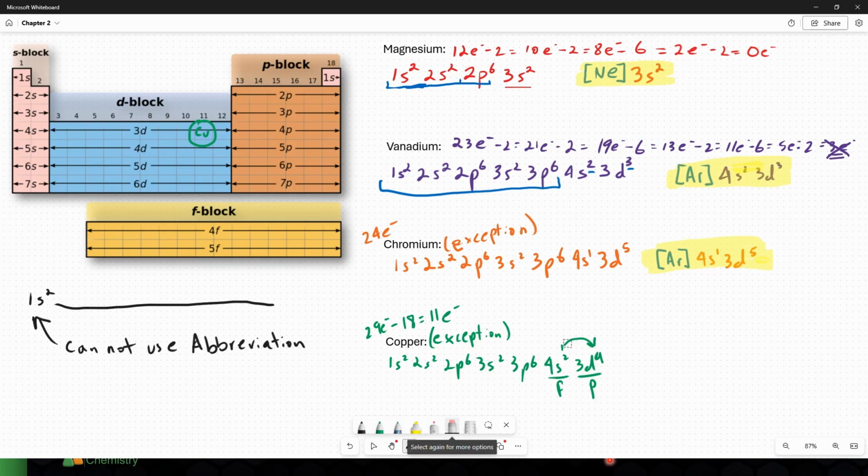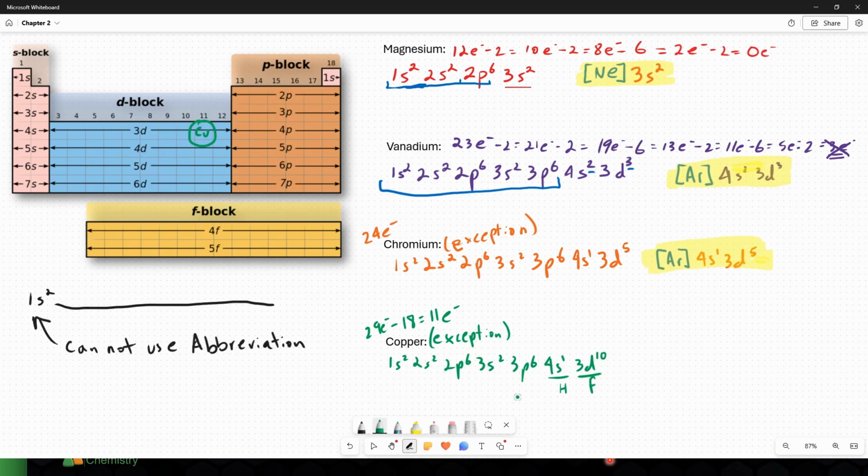When that happens, that 4s electron goes into the 3d, and this happens naturally, it's always going to be there, so you don't have to show it. 3d now has 10 electrons, and 4s has 1 electron, which means that now the 4s sublevel is half filled, and the 3d sublevel is fully filled. That's a lot more stable than before when we had this fully filled and this partially filled.